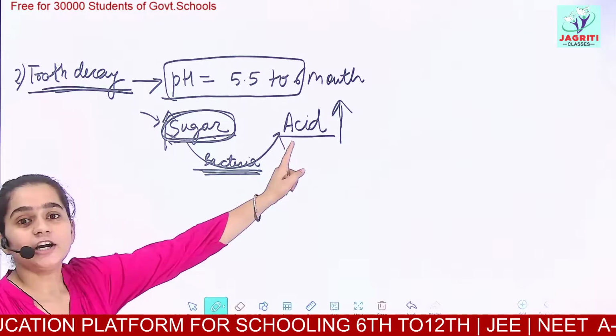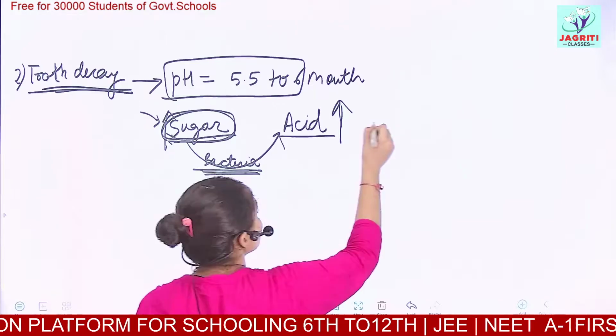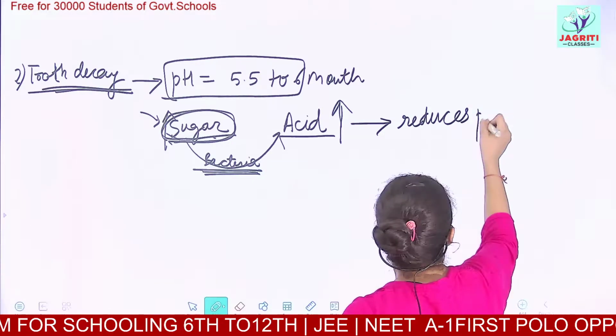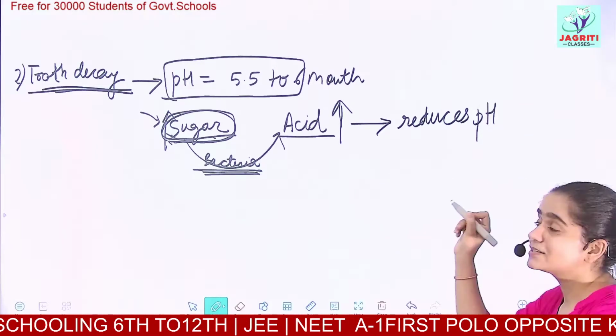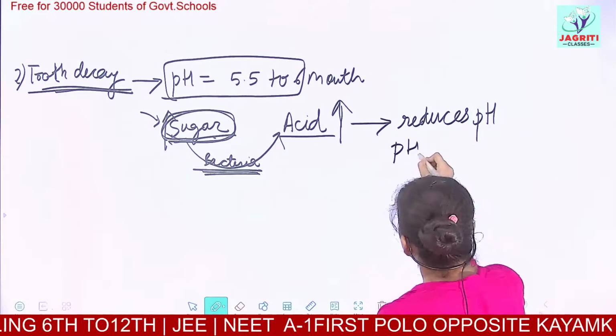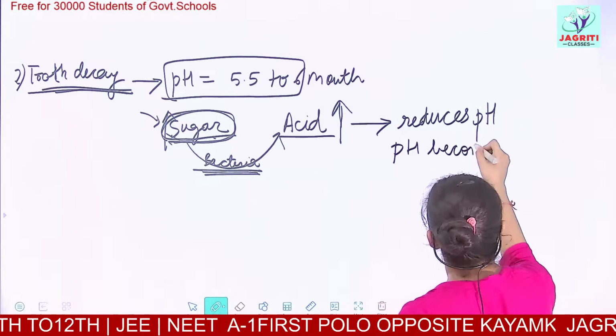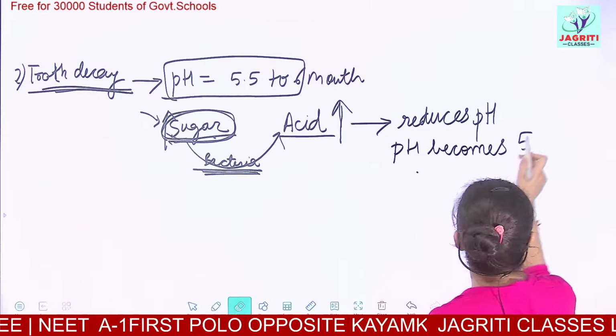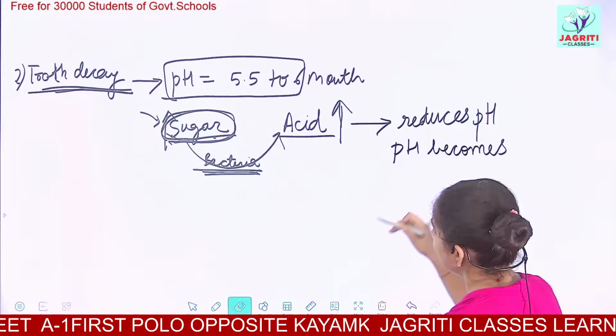If acid production increases, then this acid reduces our pH. The pH of our mouth gets reduced. That is, the pH becomes less than 5.5.